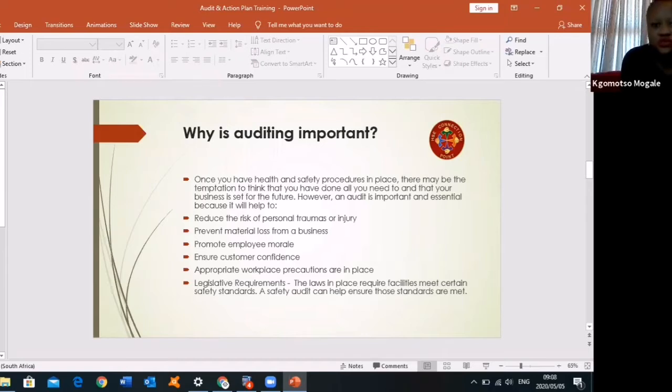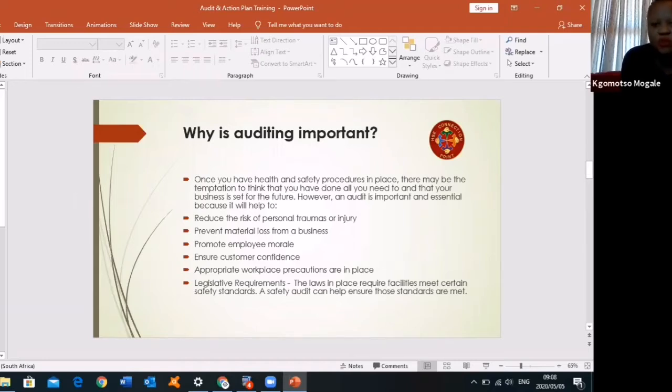So that is why auditing is important. Once you have a health and safety procedure in place, there may be the temptation to think that you have done all you need to, and that your business is set for the future.